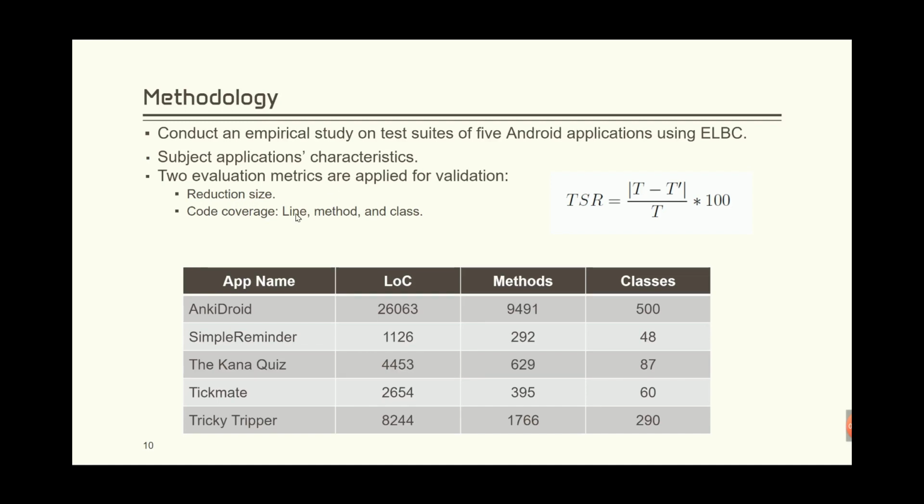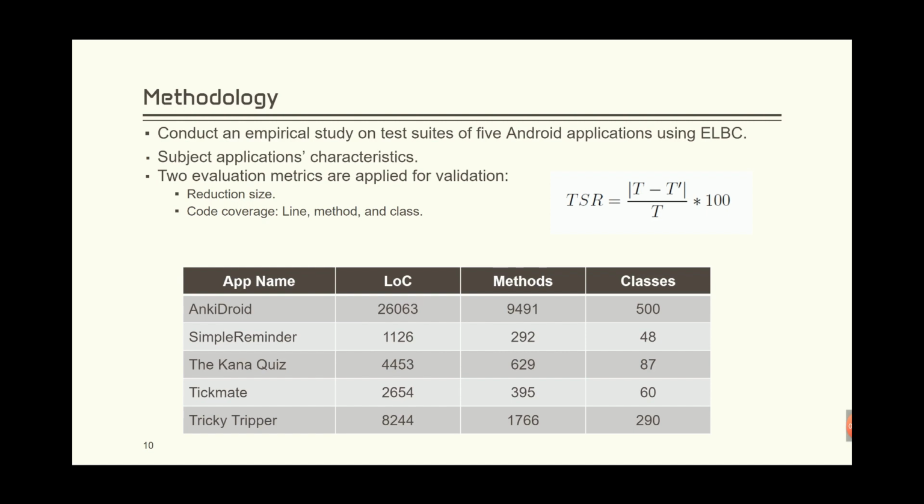The second metric is code coverage, to obtain the code coverage of all test suites before and after reduction. Code coverage is a common metric used by testers to measure which part of the source code has been executed by the test suite.